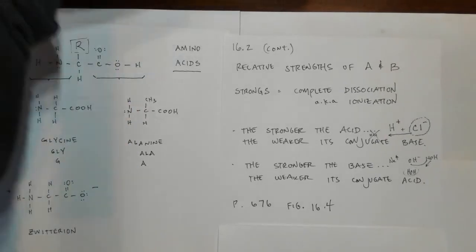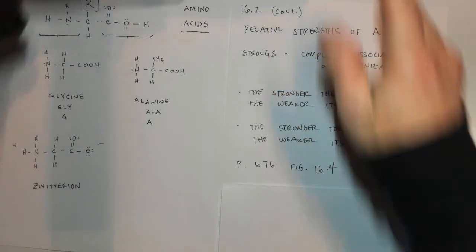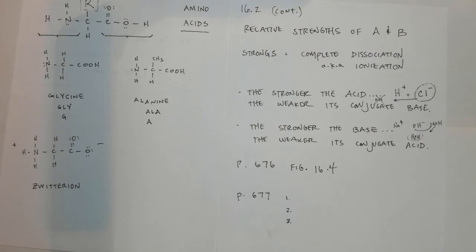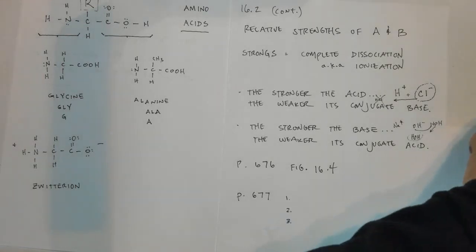So let's go back to the notes. And on page 677, they outline three things that identify strong acids and strong bases.